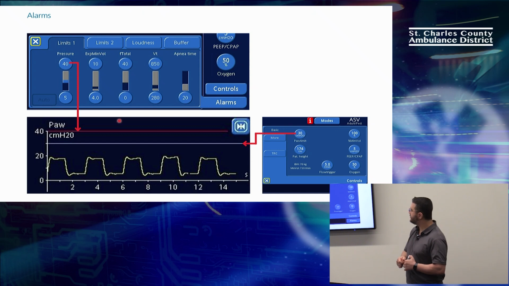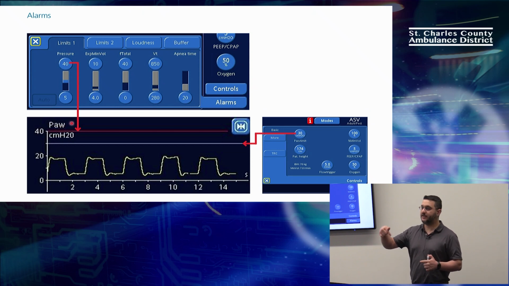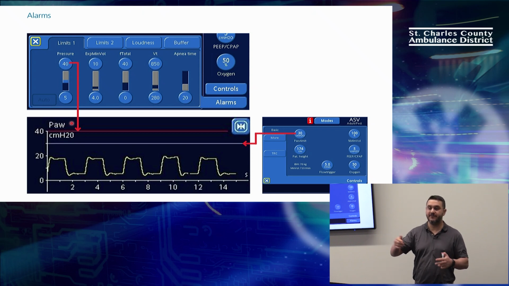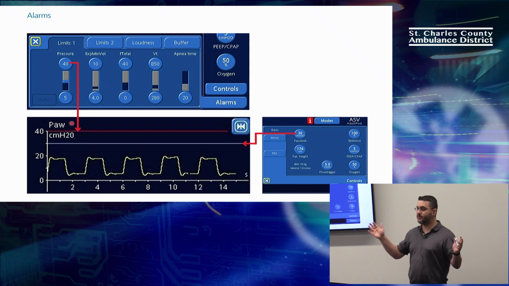Okay, what am I showing you guys here? These are your alarms, okay? This is your peak airway alarm, which is 10 points above that pressure limit that we set earlier, that 30. Do you guys see that? That's the pop-off valve. So if it takes more than 40 pressure to inflate your lungs, this is where ASV is going to be like, I can't do this anymore.